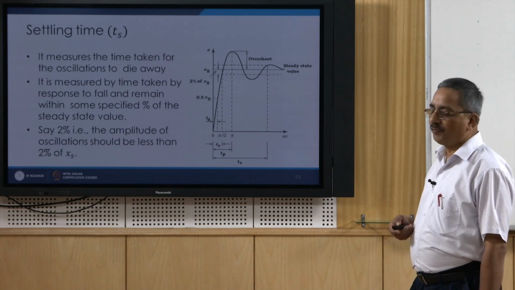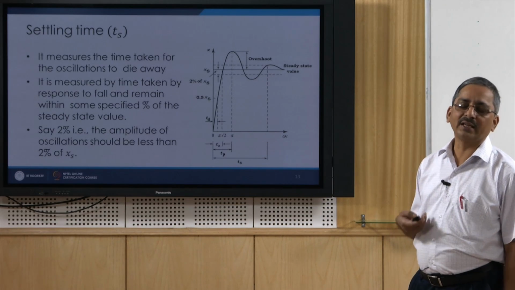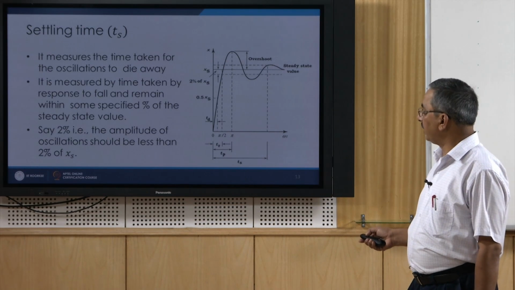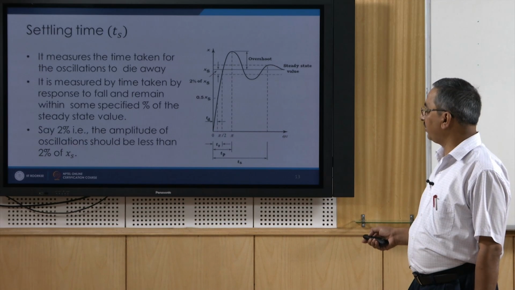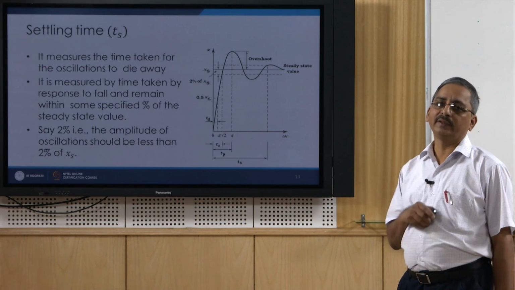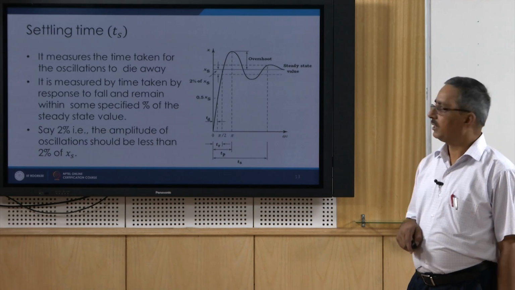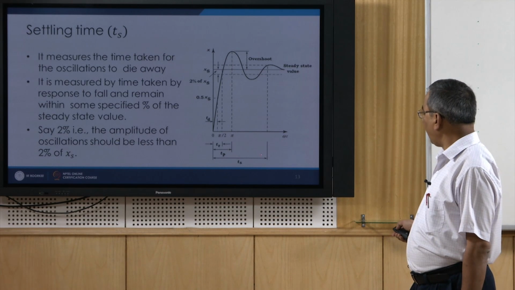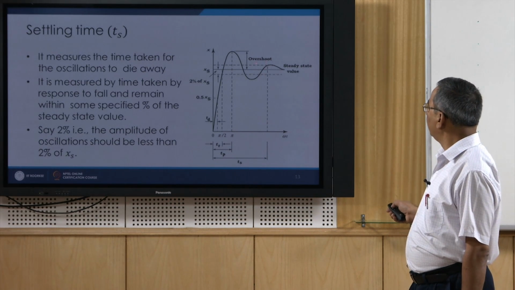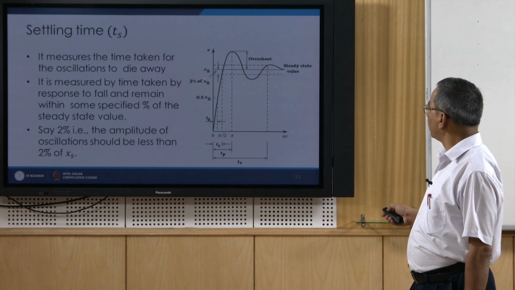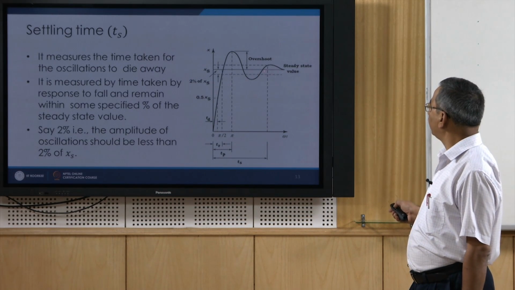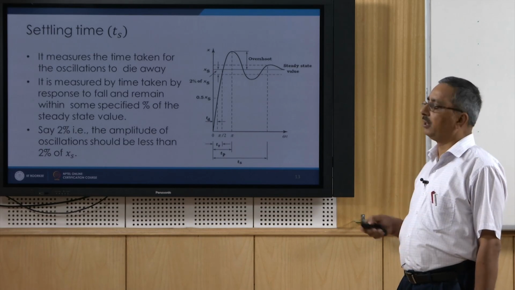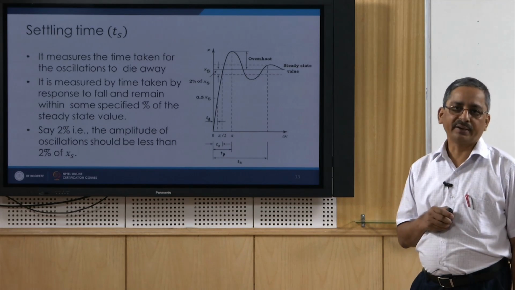So, if we are considering the 2% value, it means that the amplitude of the oscillation should be less than 2% of the excess. That time Ts, where the amplitude of the oscillations remains within 2% of the excess, is what is called the settling time.